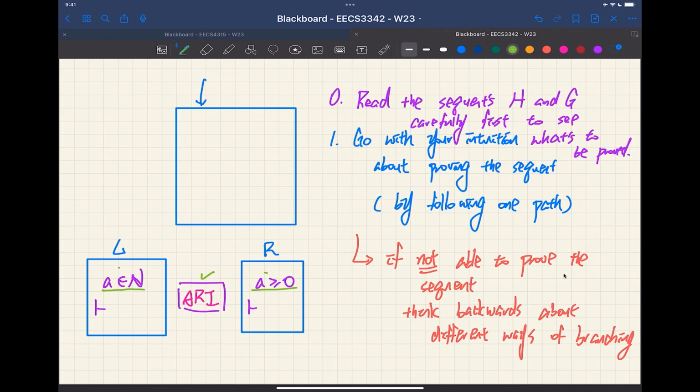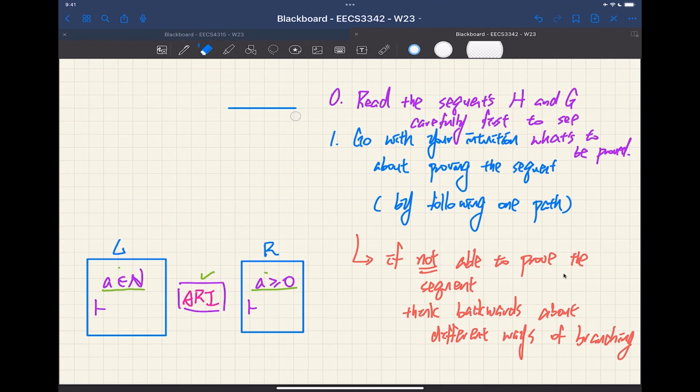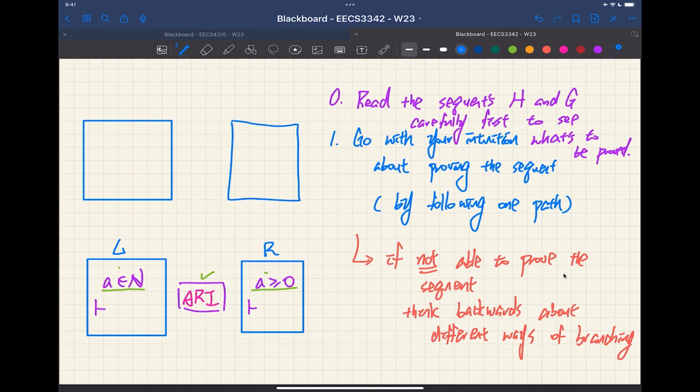On the other hand, let me give you another example. Okay. Let's say, let me put them together side by side. Another one could be, let's say we got something over here. Again, the left and right.